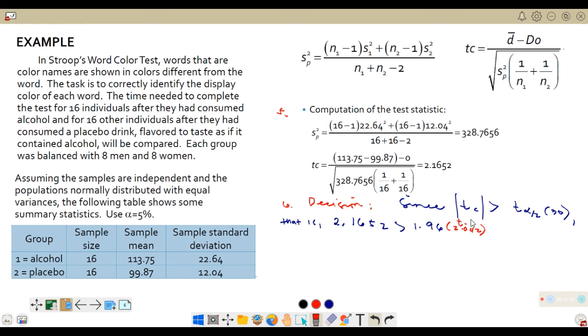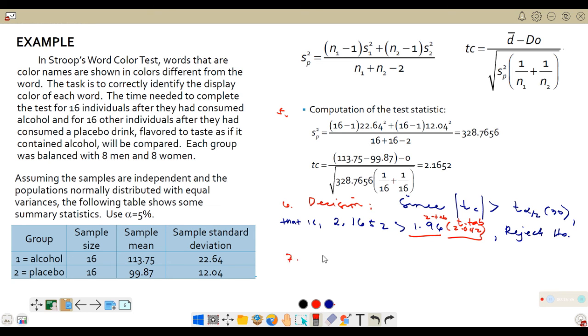This is from the T table, ha? And this is from the Z table. Alin man dito sa dalawang gamitin mo, magre-reject ka talaga ng HO. So, reject HO. Paulit-ulit kong sinasabi, parehas niyong pwedeng gamitin, ha? The value from the Z and the value from the T.